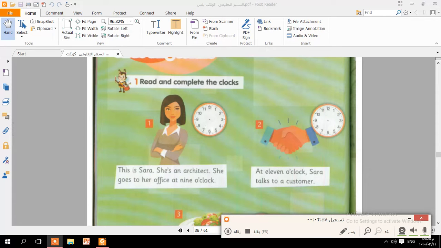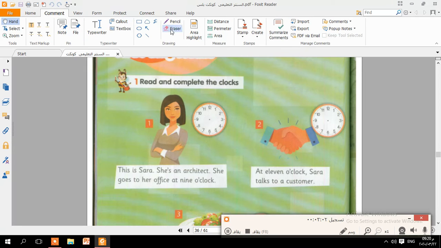So we should draw arrows at 9 o'clock. So we'll make an arrow at 9 and 12. It's 9 o'clock.